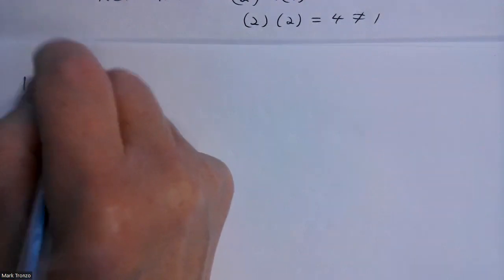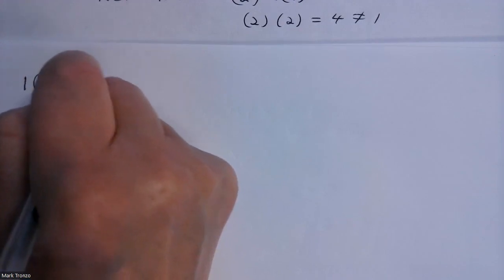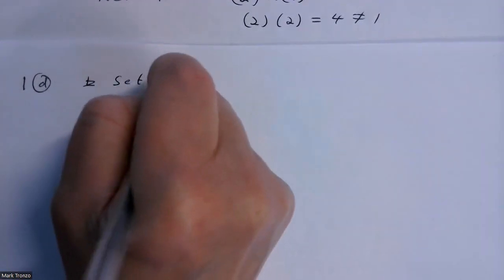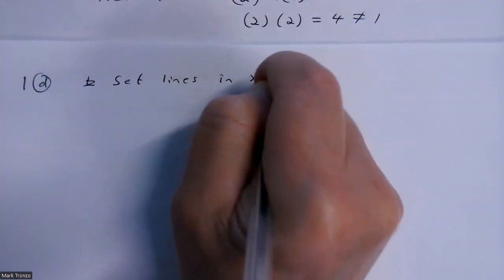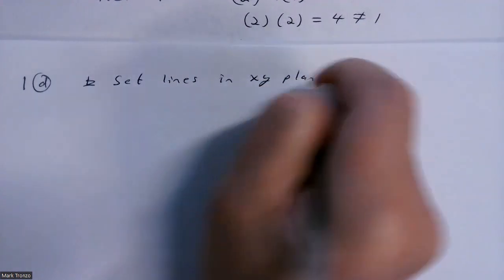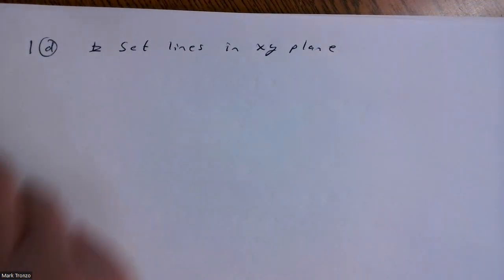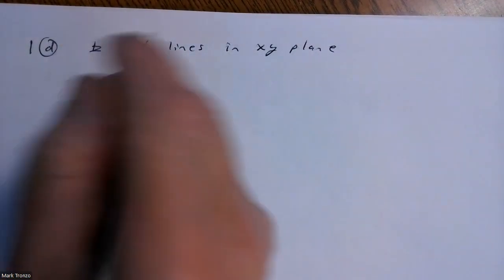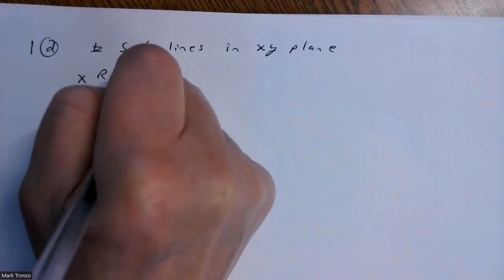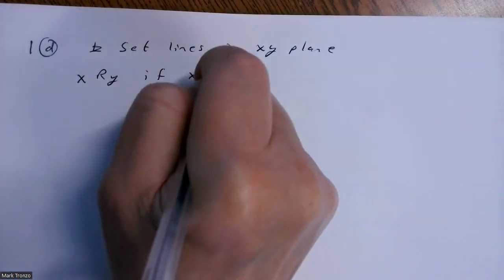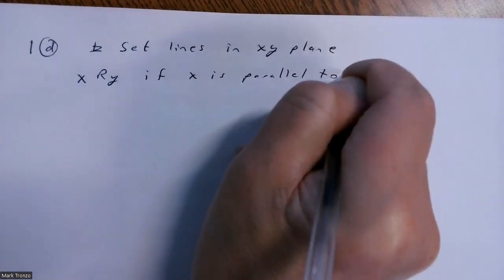It says for a set, the set is the lines in the XY plane. And so this time, X is related to Y if X is parallel to Y.